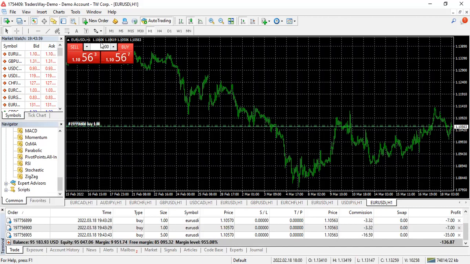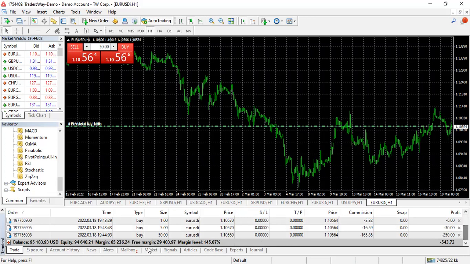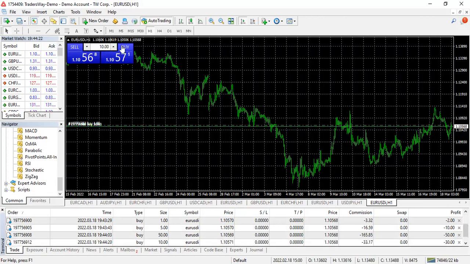So let me still open more positions. With this lot size I'm using, I only have 29,403 free margin. So I can still decrease the lot size. Let me reduce it to 10. I will be allowed to open a new position.